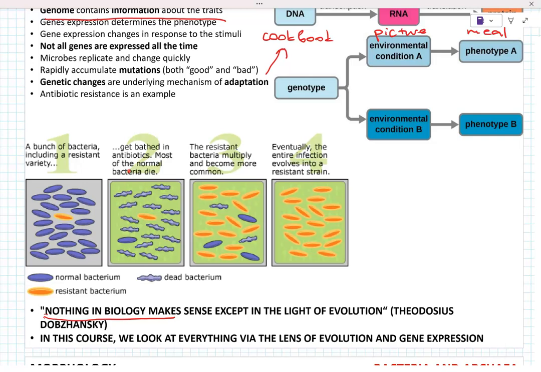So if you start asking yourself, why does that happen? Why is that microorganism, why does it look like that? The universal answer is evolution. The only problem, we don't know the history. Does that make sense? But I'm not even going to focus on antibiotic resistance when we talk about evolution.